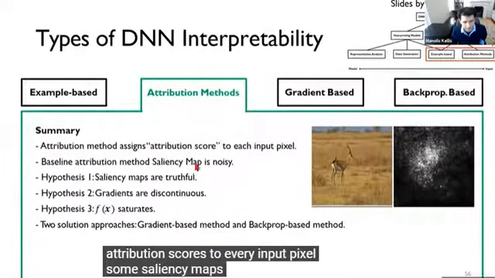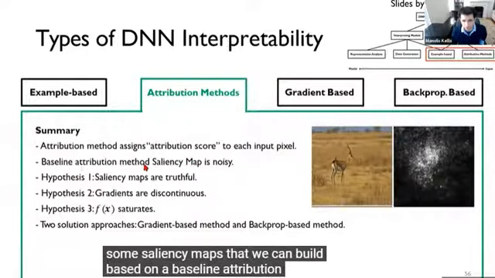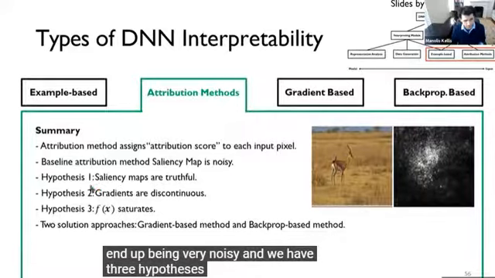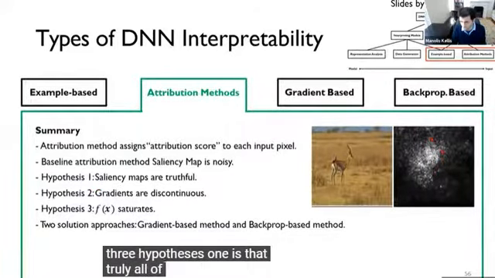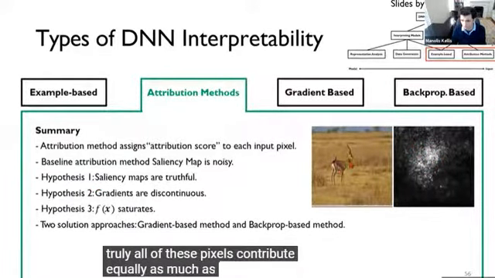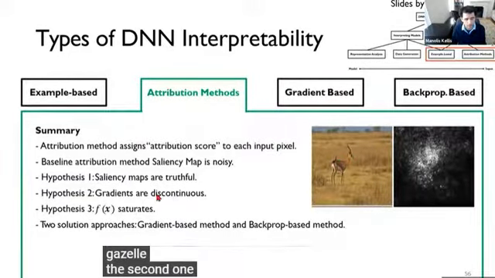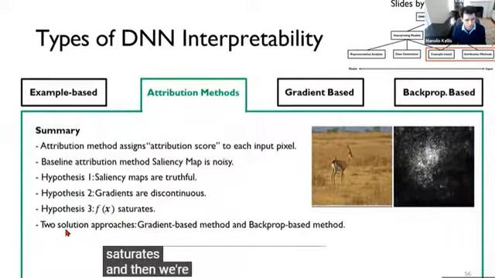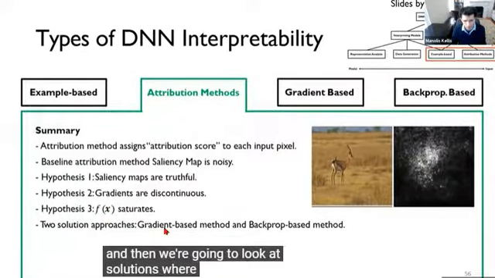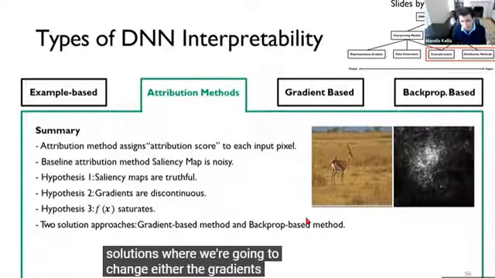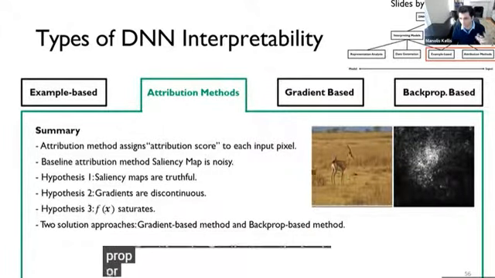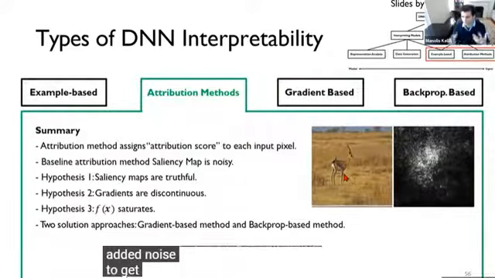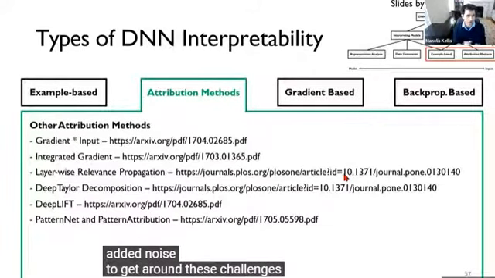Some saliency maps that we can build based on a baseline attribution method end up being very noisy. And we have three hypotheses. One is that truly all of these pixels contribute equally as much as the pixels in the gazelle. The second one is that the gradients are perhaps discontinuous or the function saturates. And then we're going to look at solutions where we're going to change either the gradients or the backprop or include multiple images with some added noise to get around these challenges.